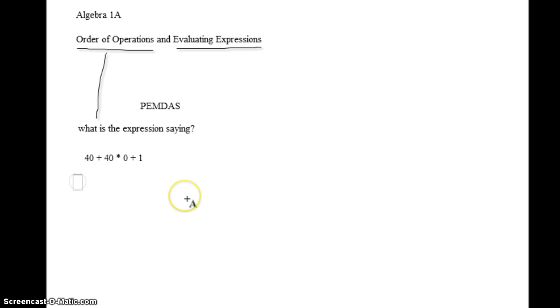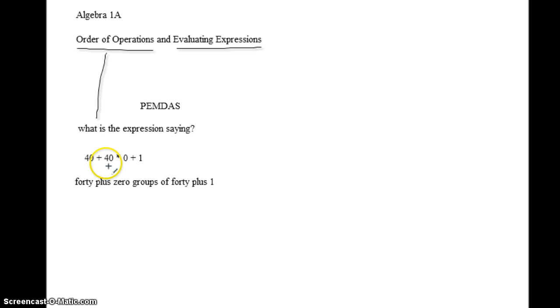But if I write it out in English, it's 40 plus 0 groups of 40, plus 1.